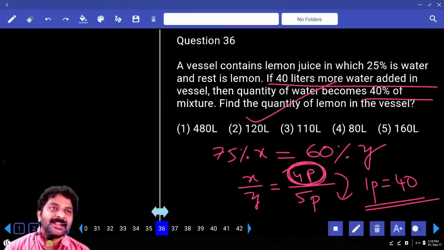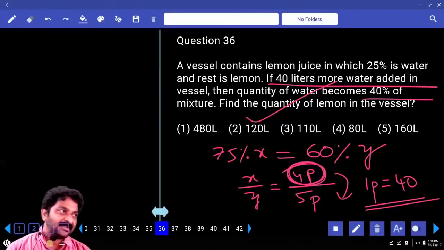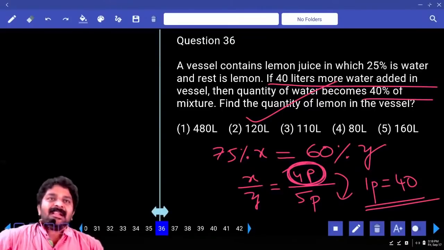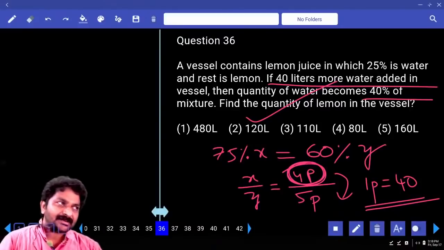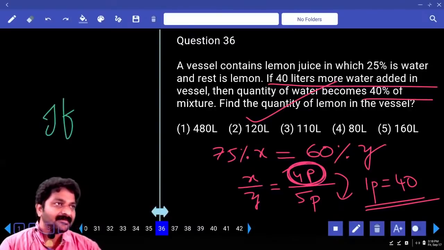When you are asked to calculate the lemon component, you are supposed to consider the initial component. In the initial vessel, whatever lemon that we have, that we are supposed to consider. Because you need to understand whether they really added the 40 liters of water or whether that is an if condition.